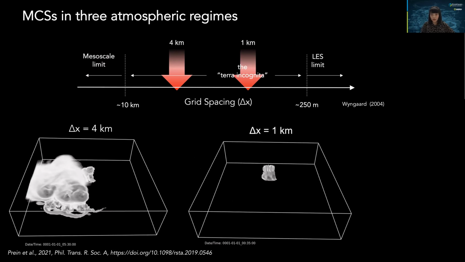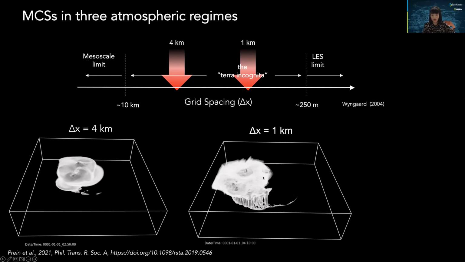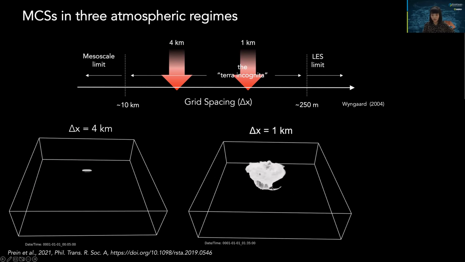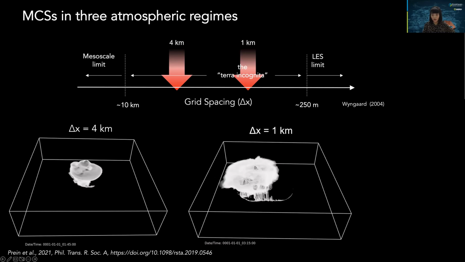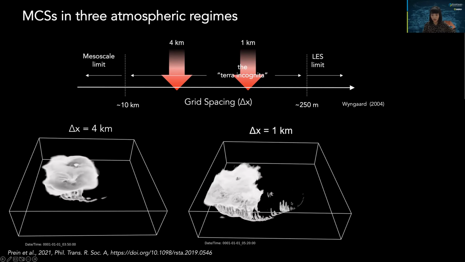With further refining the resolution to 1 kilometer, you really start to resolve the detailed structures of MCSs, and you get these very impressive cold pools. Also, those convections initiated along the cold pools.